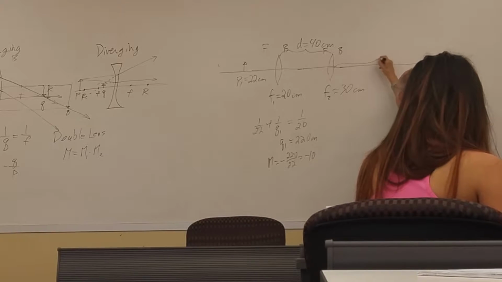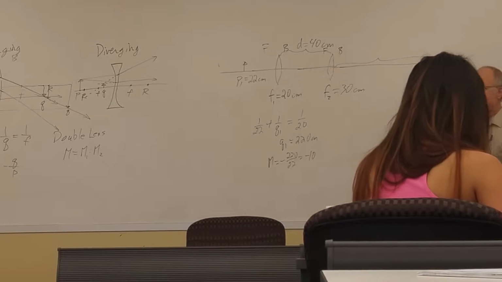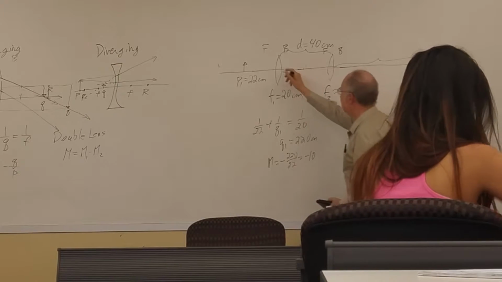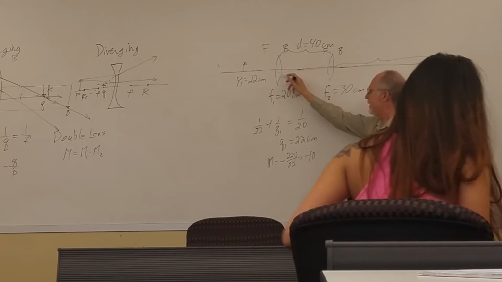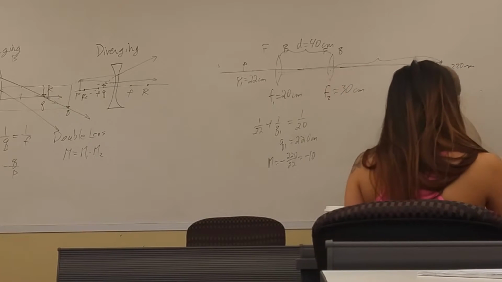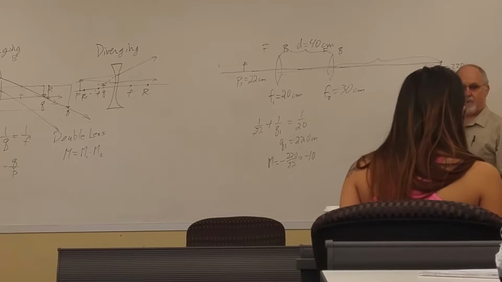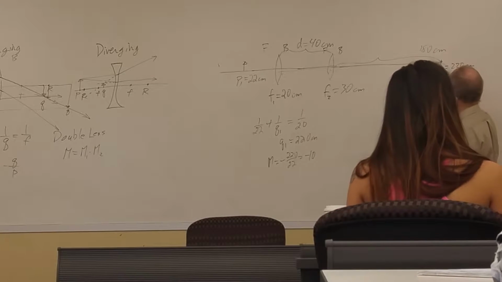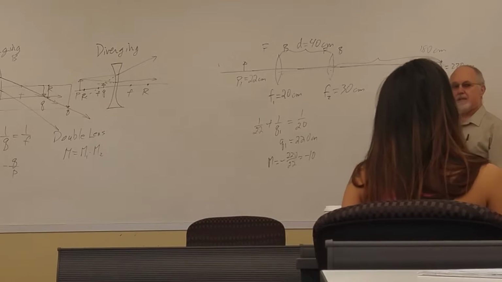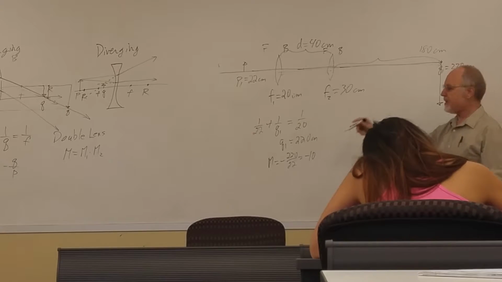How far is it from the second lens to the first image? From here to here was the 220. Here to here is 40. So this distance must be 220 minus 40, which would be 180 centimeters. That's going to be the location of the second object in relationship to that second lens.